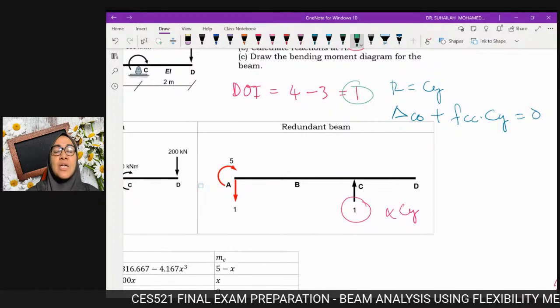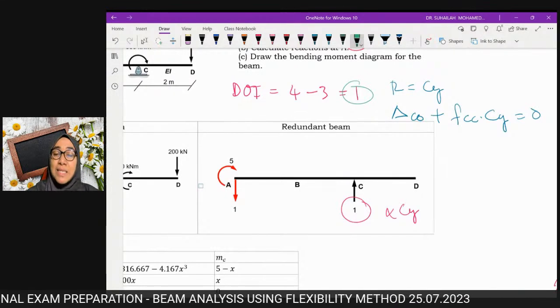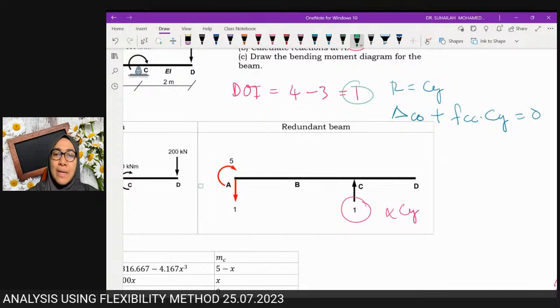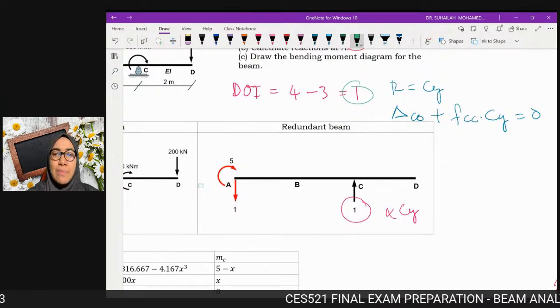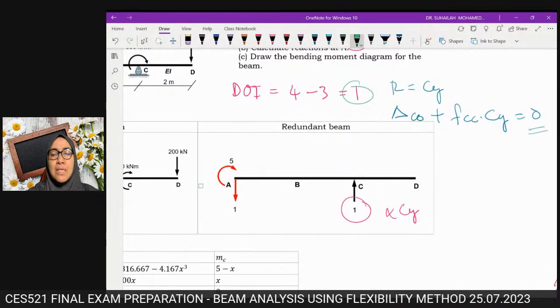We have to determine the displacement at C for each system. We have the primary beam, the redundant beam, and the actual beam, and of course for the actual beam, due to the roller support, the displacement is equivalent to 0.